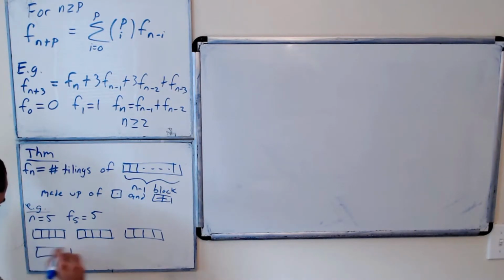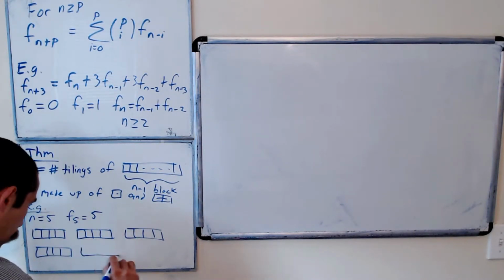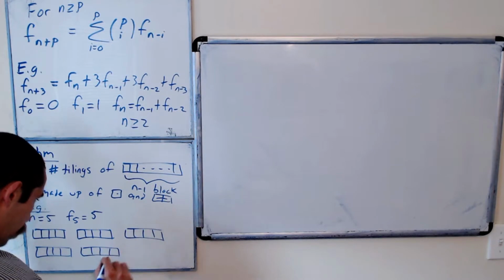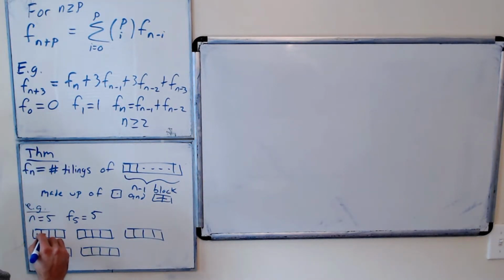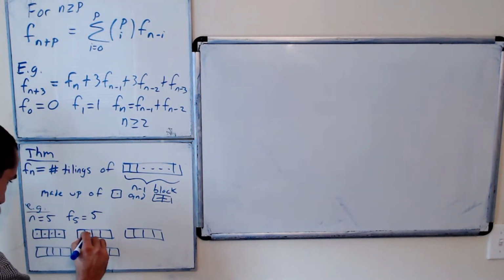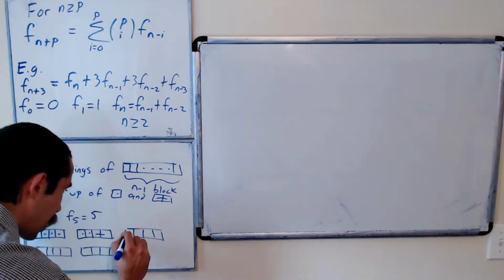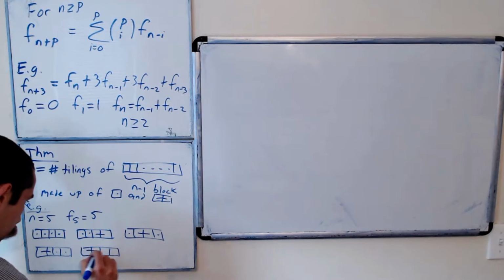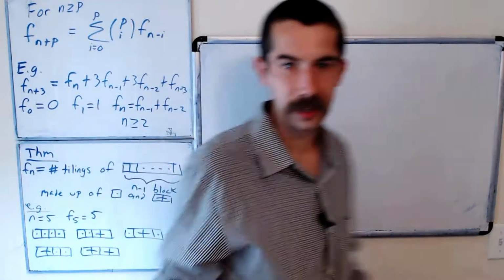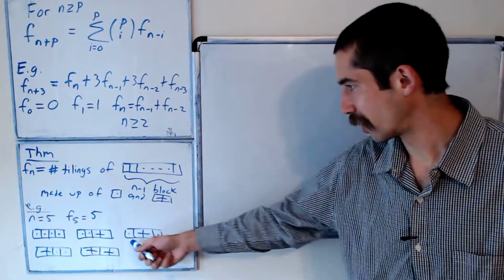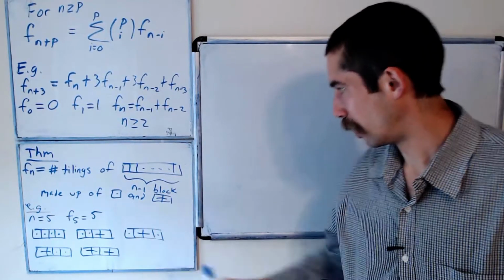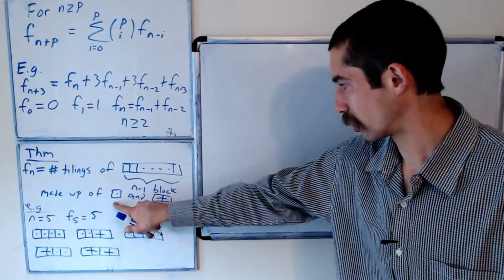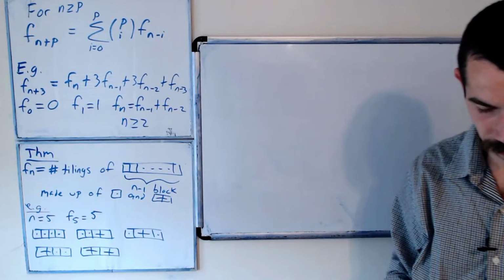So let me draw them out. We could have all monominos. We could have it end with a domino. I think we got it. You could check, these are the 5 ways of tiling the 4 blocks with these 2 tiles, a single tile and a double tile.